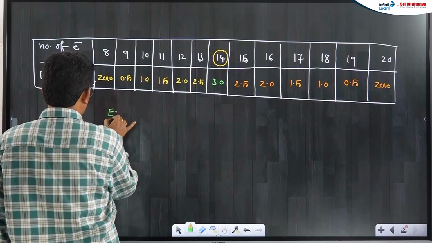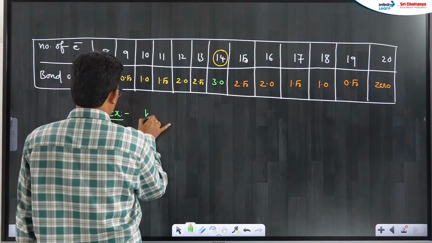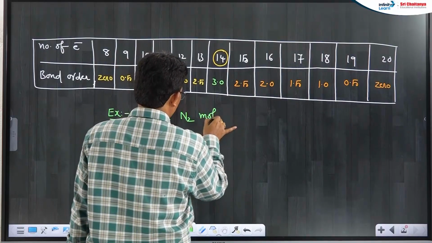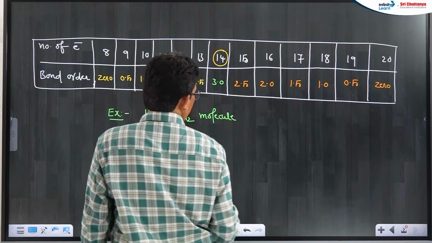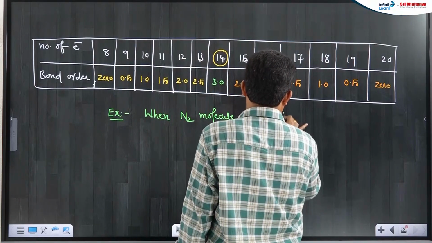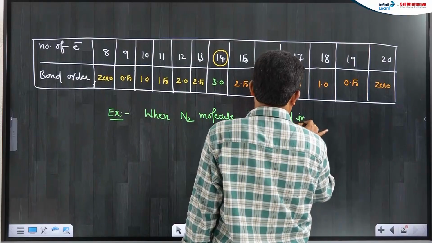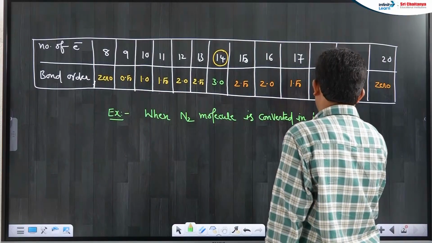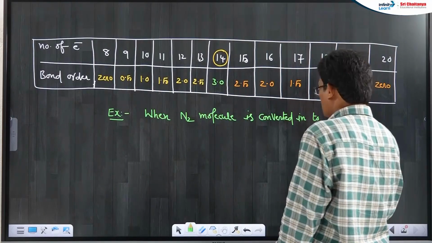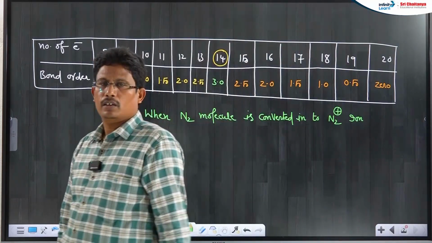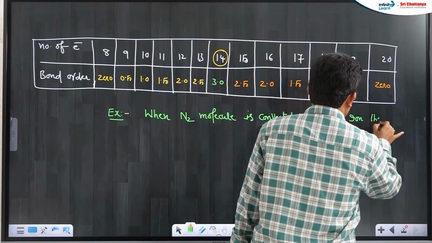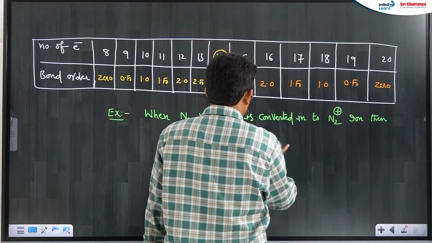For example, when the nitrogen molecule N2 is converted into the N2 plus ion, then what about the N-N bond order?